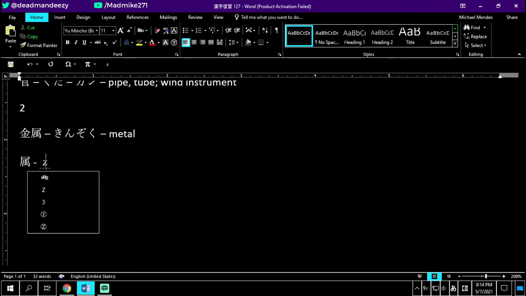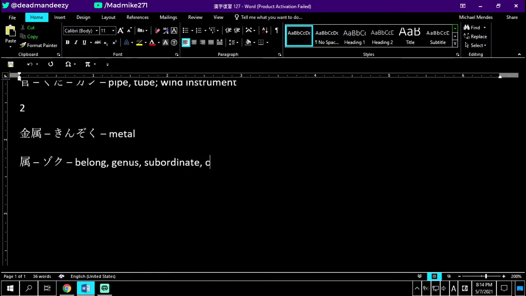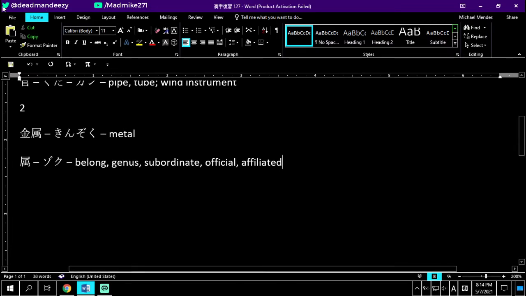Onyomi is zoku, as used in the word which means belong, a genus, a subordinate, official, or affiliated. Zoku. Kinzoku. Affiliated with gold, or a subordinate of gold, is any other kind of metal.